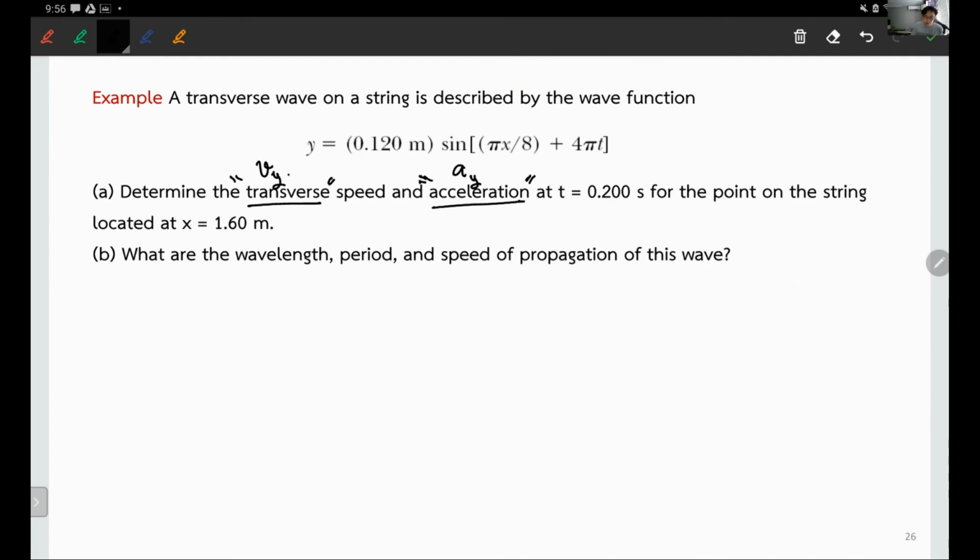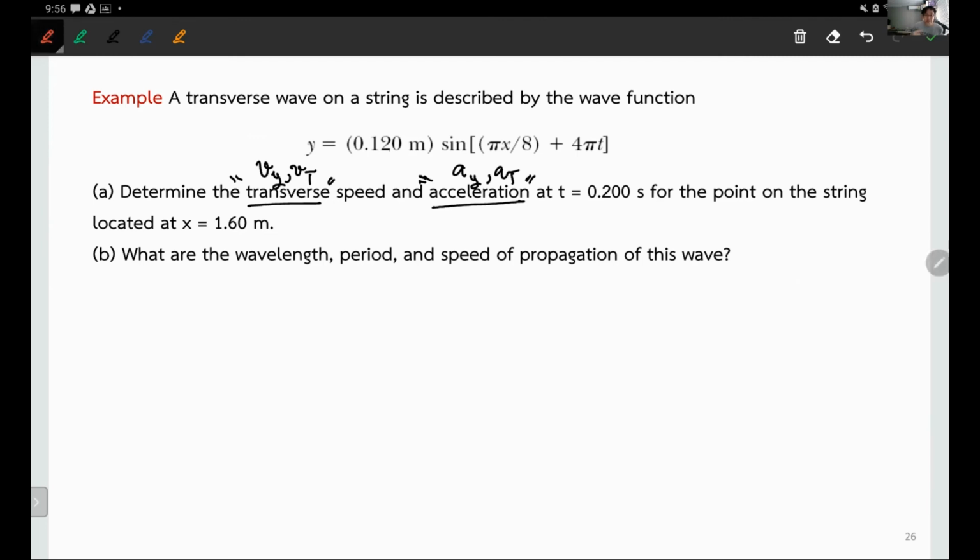In some textbooks they might use subscript t, but that's okay. You can use y or t just to emphasize that this is not the speed of the wave, it's the transverse speed. So it's the speed of the element of the medium that is oscillating harmonically up and down. Okay, so let's get to it.